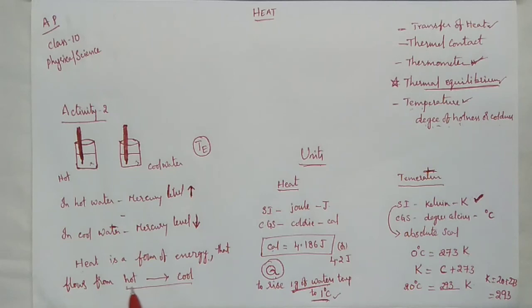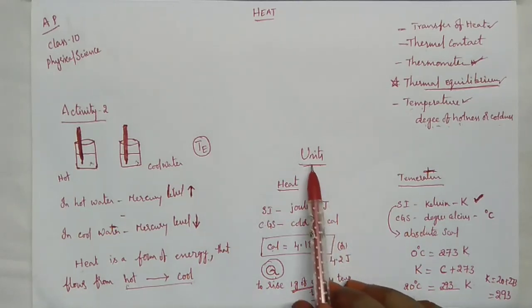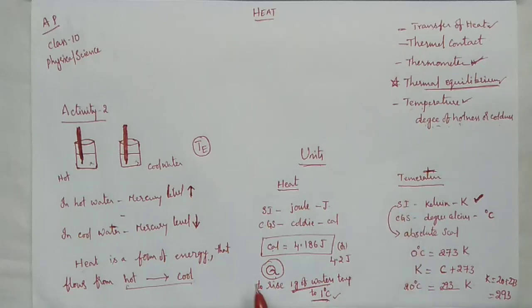Transit in the sense travel. How will it travel? It travels from bodies of higher temperature to bodies of lower temperature. High temperature bodies are called hot bodies. Low temperature bodies are called cold bodies. Right? And today one more thing we learned, that is units of heat and units of temperature.